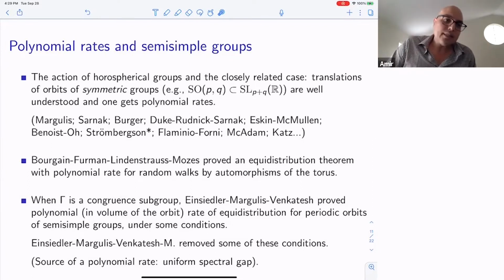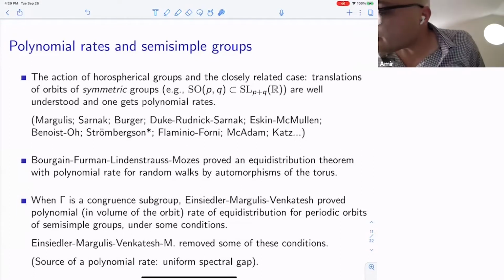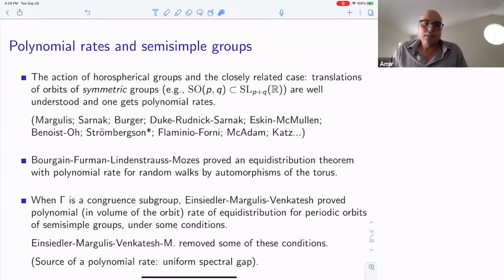So Margulis's thesis, Sarnak's thesis, later Benoist and Quint, Duke, Rudnick, Sarnak, Eskin, McMullen, the list is there, and you can see we have a pretty complete picture. Strömbergsson took this step further and looked at the case of a semi-direct product.